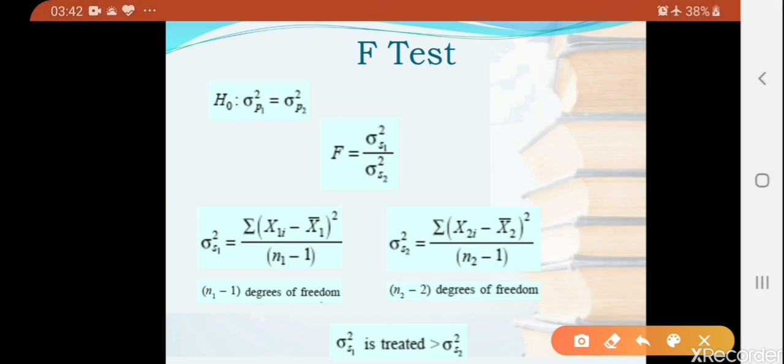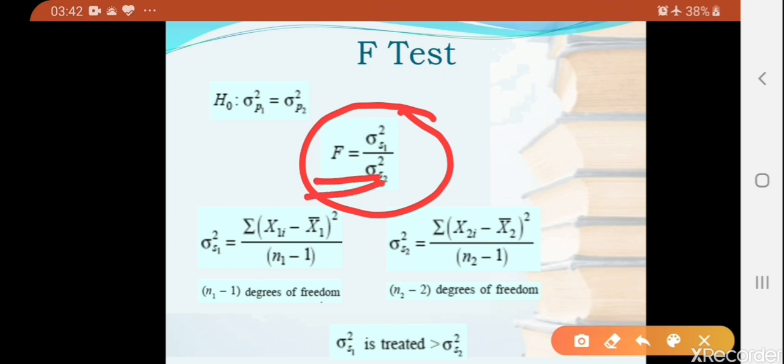Here F equals sigma s1 square upon sigma s2 square. If we know the variances of both the populations, we find the F ratio, and then we compare this F ratio with the F ratio given in the table. If the calculated F is greater than the table value of F, we regard the F ratio as significant.